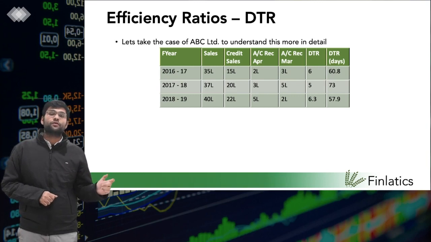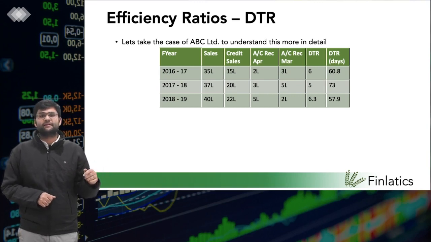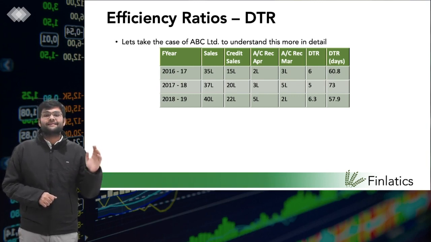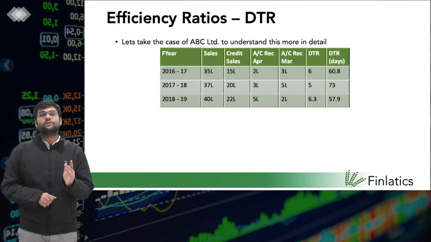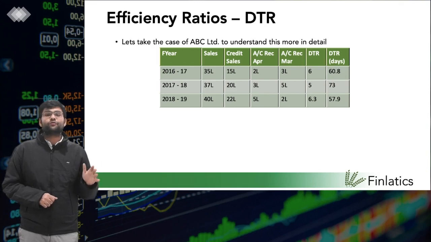Similarly, the debtors turnover ratio in terms of days went from 60.8 in 2016-17 to 73 in 2017-18 and came back to 57.9 in 2018-19.